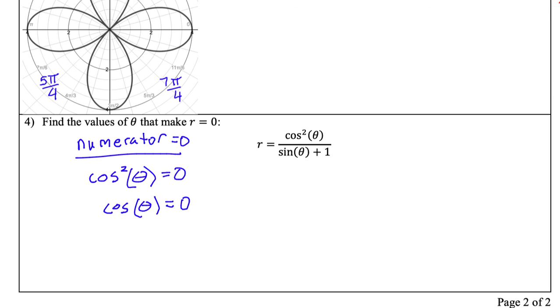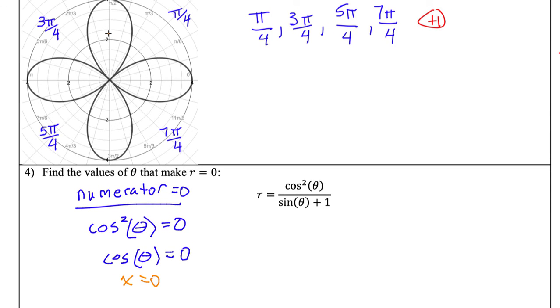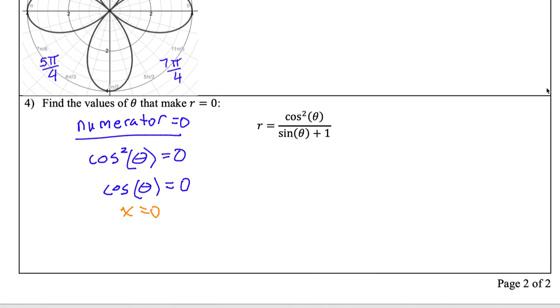And then where is cosine equal to 0? That's asking us where is x equal to 0. So on a unit circle, x equals 0 means I'm not moving left or right. And that's at pi over 2 and 3 pi over 2. So I'll write down theta is equal to pi over 2 and 3 pi over 2.